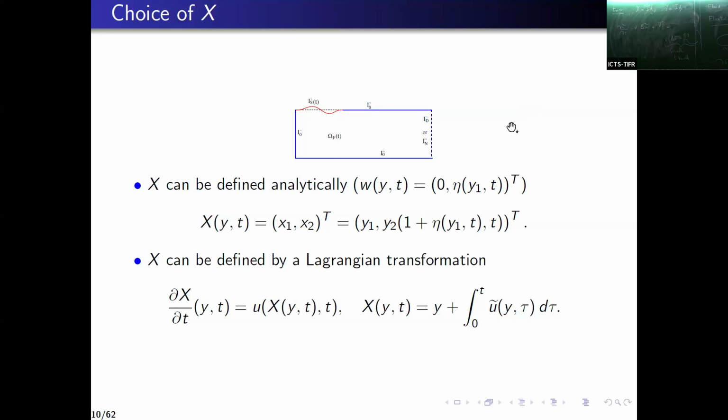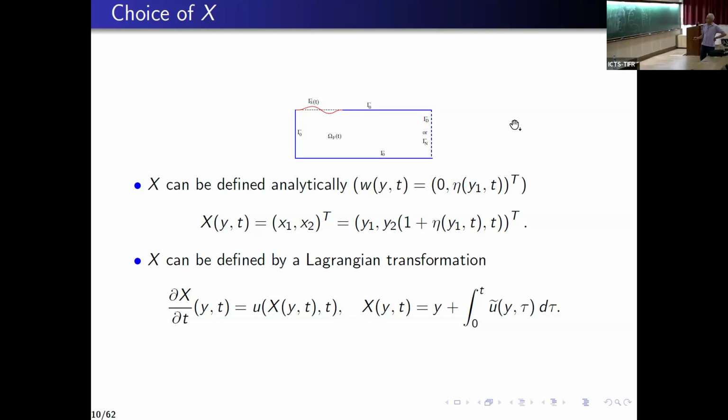Okay, so now, in the previous slide, I have not at all introduced x. X was given, but we do not know what x is. There are many possible choices. The most classical ones are these two. One possibility is to say, okay, I know that at the boundary dx over dt is equal to u, and so I take the same expression not only at the boundary gamma s, but everywhere.